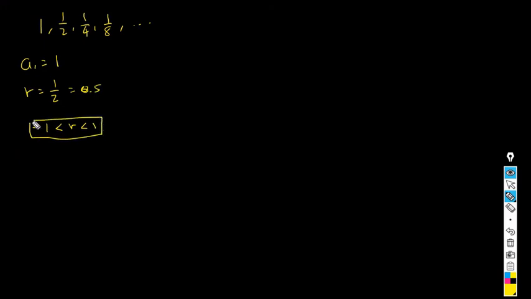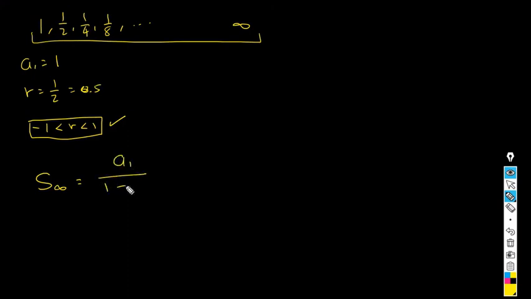So it checks. Then we can add all of these terms up until infinity by using the formula that we just discovered. We just have to substitute a1 and r in this formula. So let's do it.